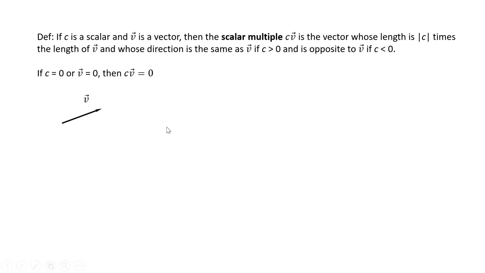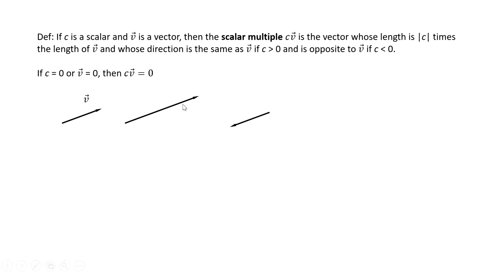Now, what do I mean by the scalar multiple CV? Suppose we have a vector V whose magnitude and direction are as shown in this figure. Then what can we say about this vector and this vector? Let's pick the second one. The direction is exactly the same as the direction of V. Are you with me? The two directions are exactly the same.